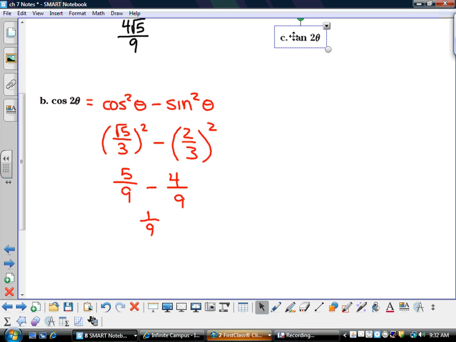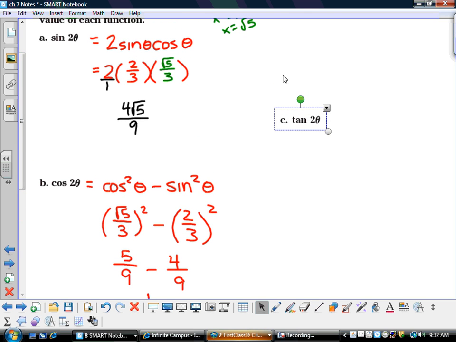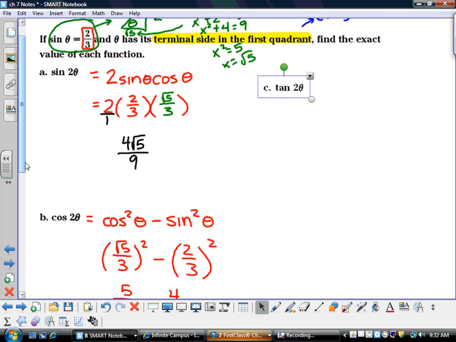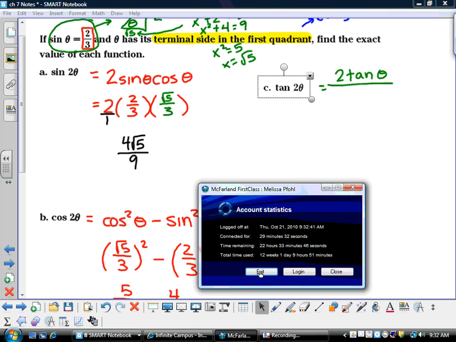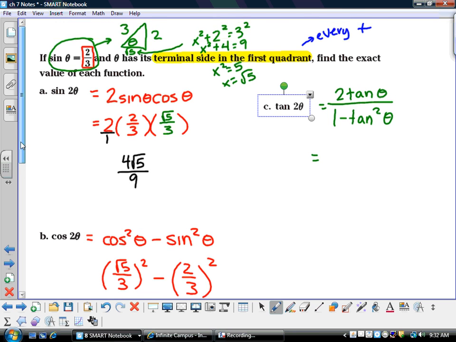Same idea, this time with the tangent of 2 theta. Tangent formula for 2 theta was 2 times the tangent over 1 minus tangent squared. So I'll go back to my triangle.